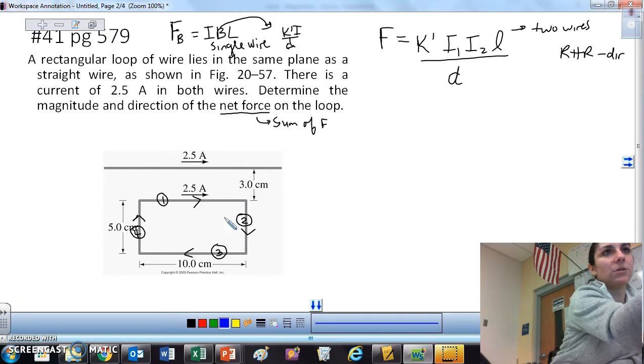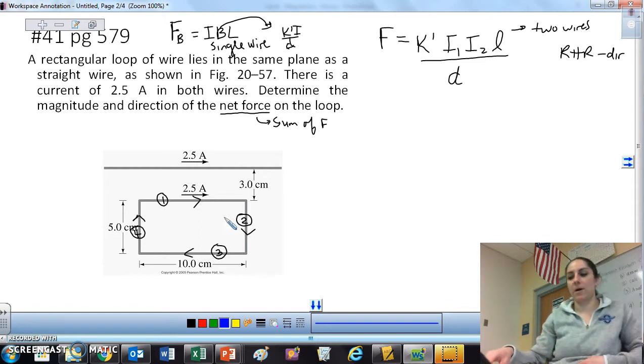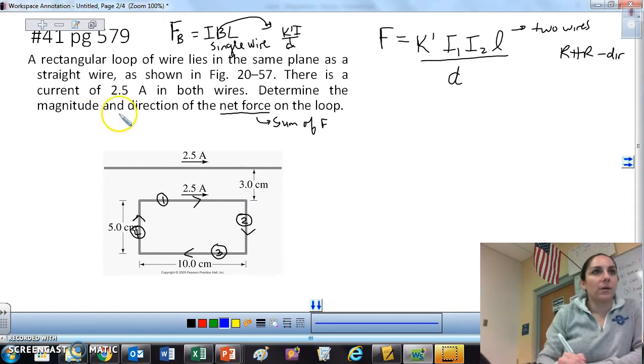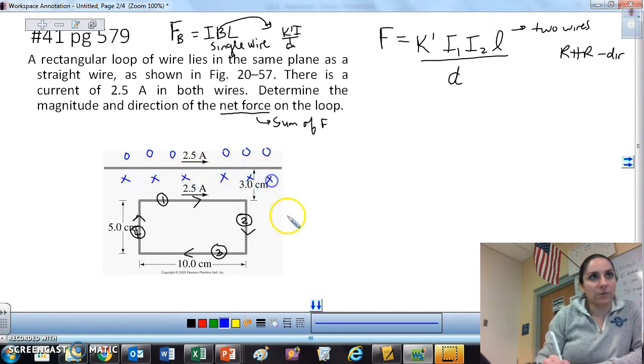So when I do, I have it going into the page in my loop of wire and then out of the page at the top of the wire. So I have out of the page at the top of the wire and into the page here. Which means basically this whole section, the magnetic field, is into the page.